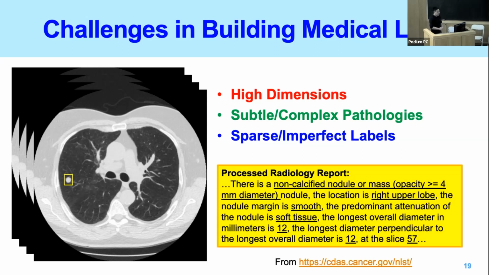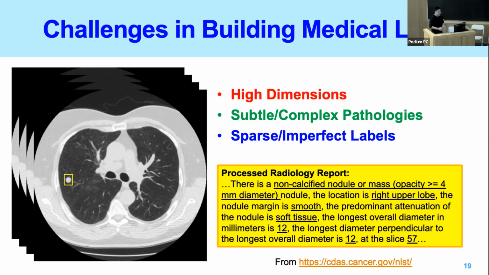The second challenge is the subtle and complex pathologies, and the third challenge is the sparse or imperfect labels. Maybe only a very small region, like a lung nodule region, is labeled in relatively high-dimensional 3D CT data. So it is very challenging to directly generate a report given the high-dimensional 3D CT data.